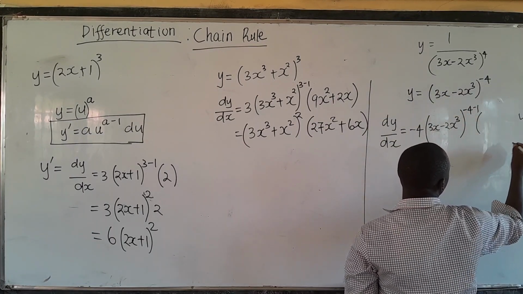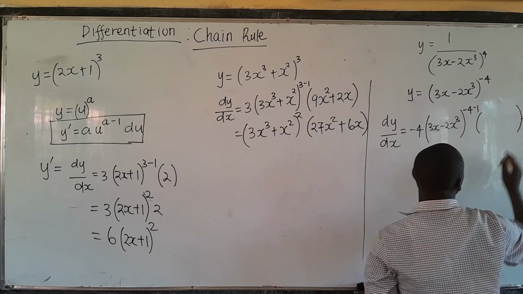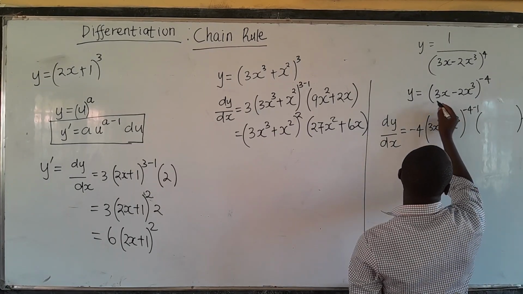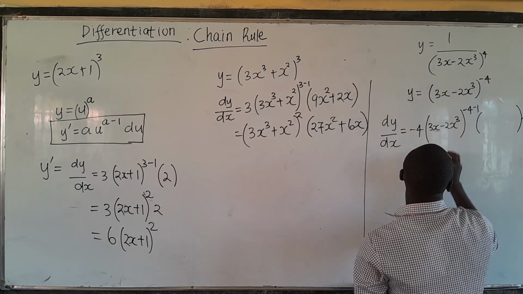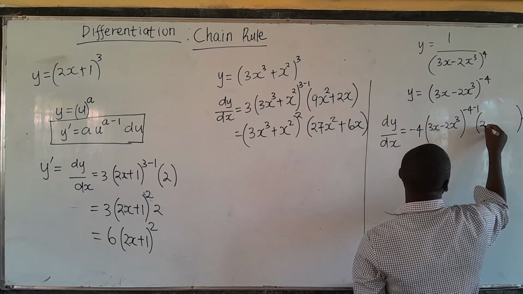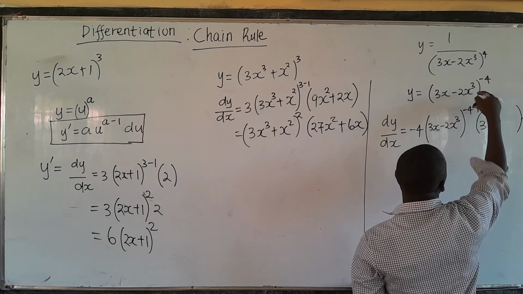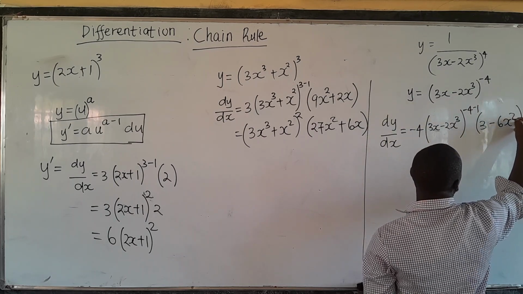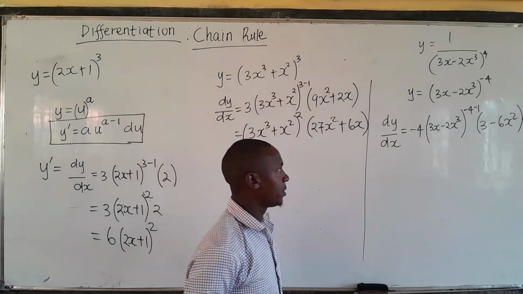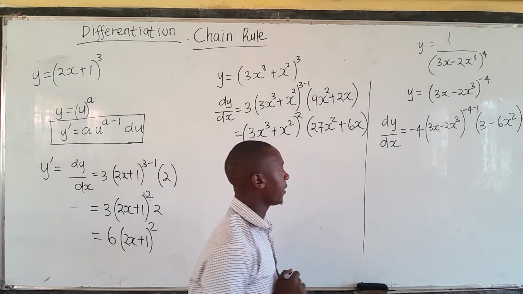Then the result of this, we multiply by the derivative of what is in the bracket. The derivative of 3x is 3, minus the derivative of 2x cubed, which is 6x squared. That becomes the derivative, but you can simplify further.